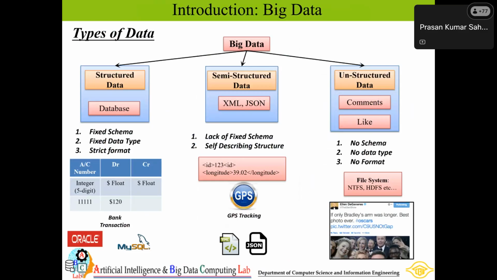And if it is semi-structured, such as longitude and latitude, like GPS data, we can say it's a semi-structured data. And if it is unstructured data, it is very difficult to store because it varies. There is no specific schema, no specific data type, no specific format.